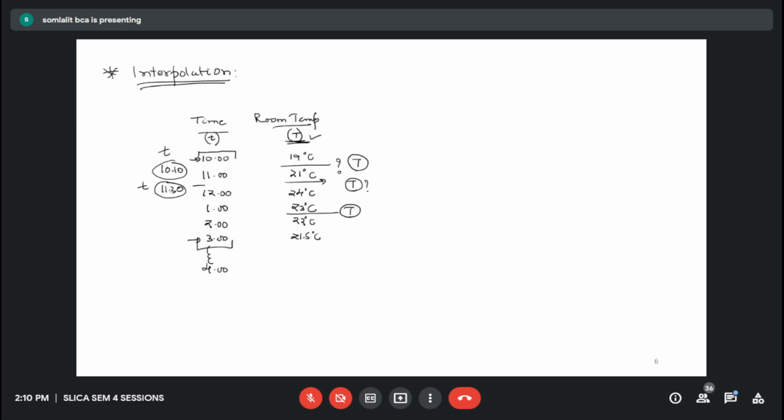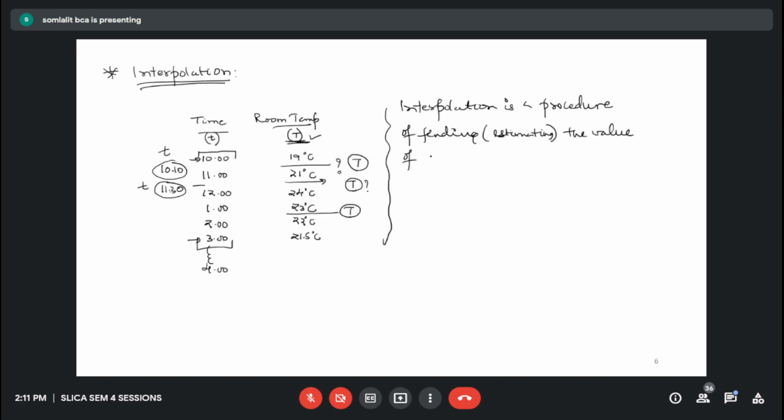Interpolation is a procedure, or you can write a statistical method, of finding or estimating the value of one variable from the given value of the other variable.